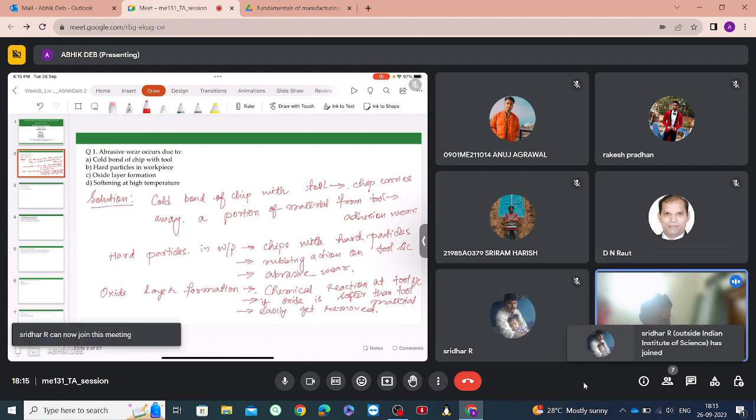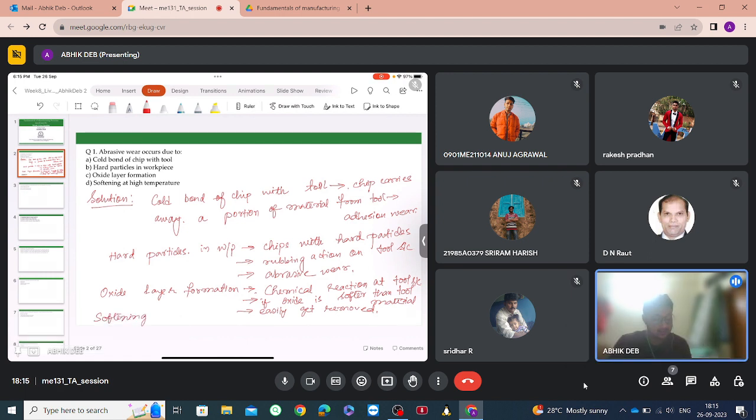Now, softening at high temperature. Softening at high temperature results basically in plastic deformation of the tool, resulting in a softening of the cutting edge of the tool. So the tool will basically become blunt.